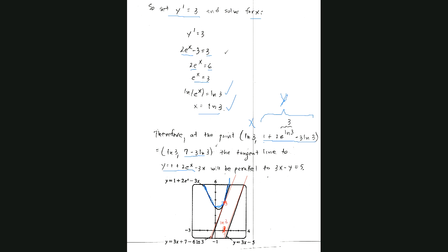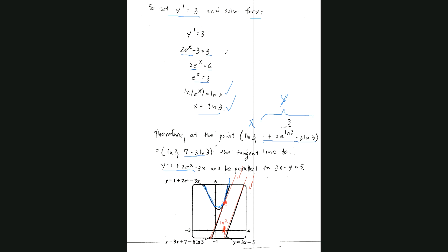And you can see that the tangent line to the curve at this point, when x equals log 3, is parallel to the line y equals 3x minus 5. So that's just a nice description there, nice picture.